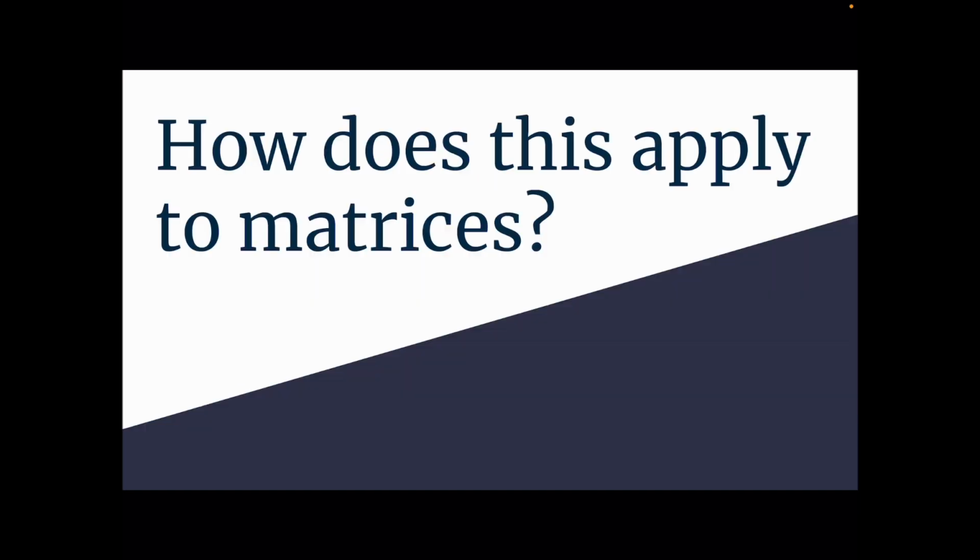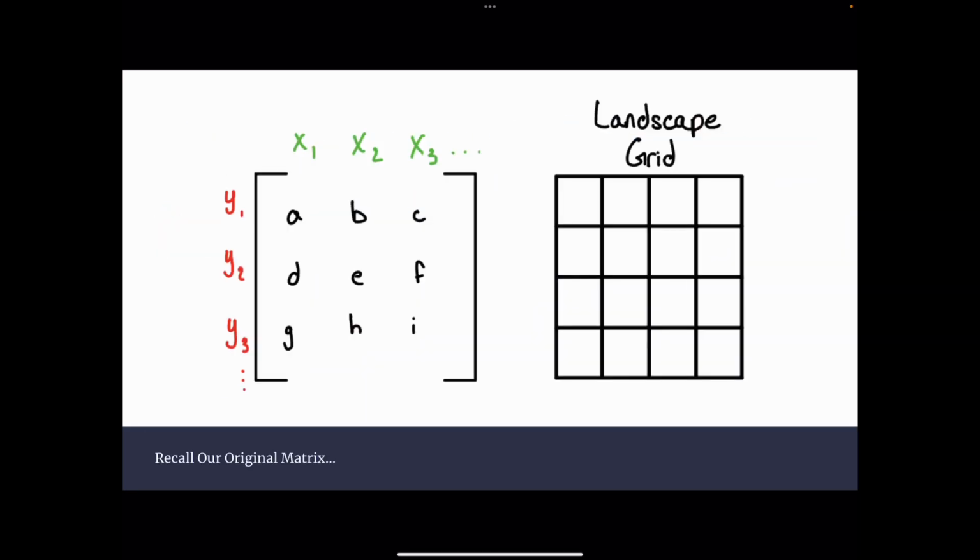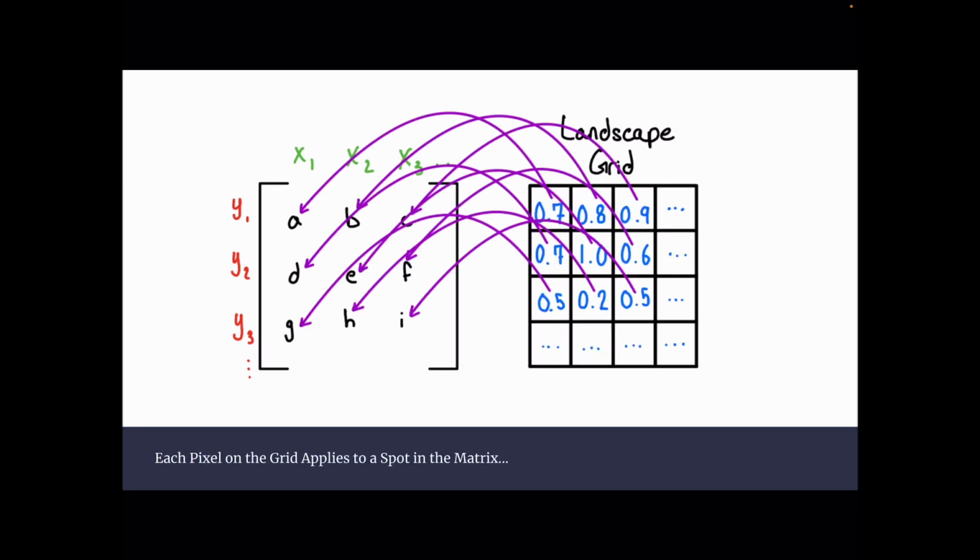How does this apply to matrices? Well, let's take this example. We have a matrix labeled with columns x1, x2, and x3, and the rows as y1, y2, and y3. We also see a 4x4 grid on the right. This represents our landscape. The values stored at each pixel in the image and in the landscape can be applied to the corresponding space in the matrix.